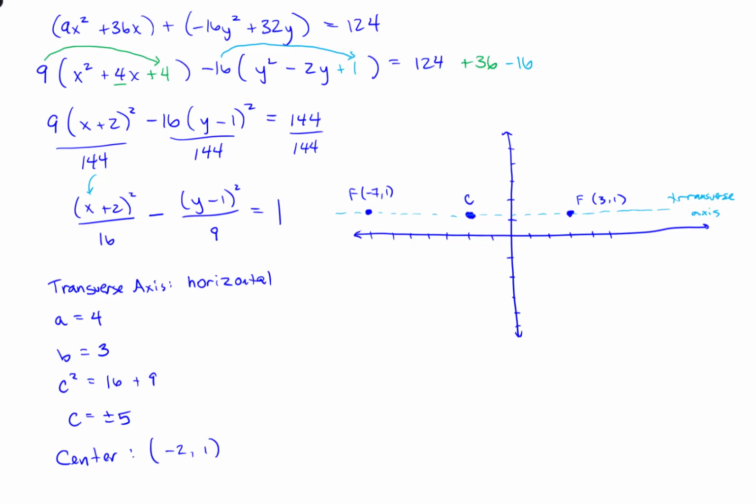And if that first variable is X, A is going in the X direction. So this value 4 would be 1, 2, 3, 4 units this way, 1, 2, 3, 4 units this way. And then B is in the Y direction because it's under the Y variable. So 1, 2, 3 this way, and 1, 2, 3 this way.